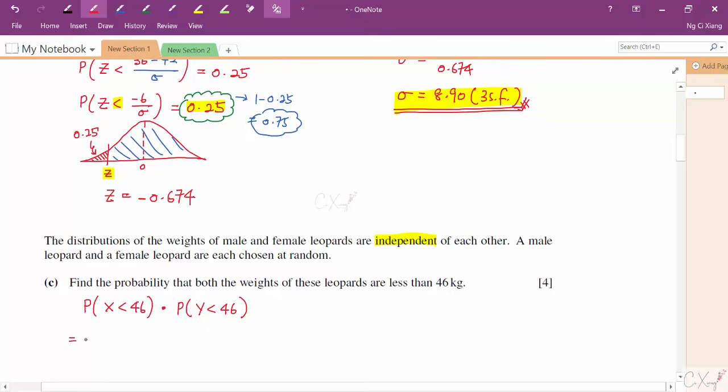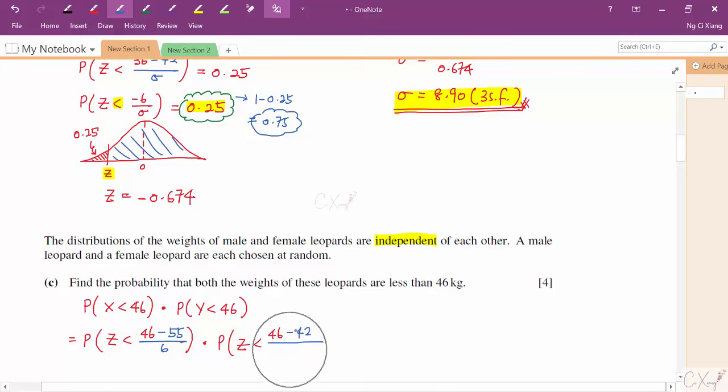And again, to calculate the probability for x and also y, both of them are normally distributed. Therefore, we have to standardize it by minus the mean. So the mean for male will be 55, divided by the standard deviation of the male leopard, which is 6. Multiply with the female one: 46 minus the mean, which is 42, divided by standard deviation.